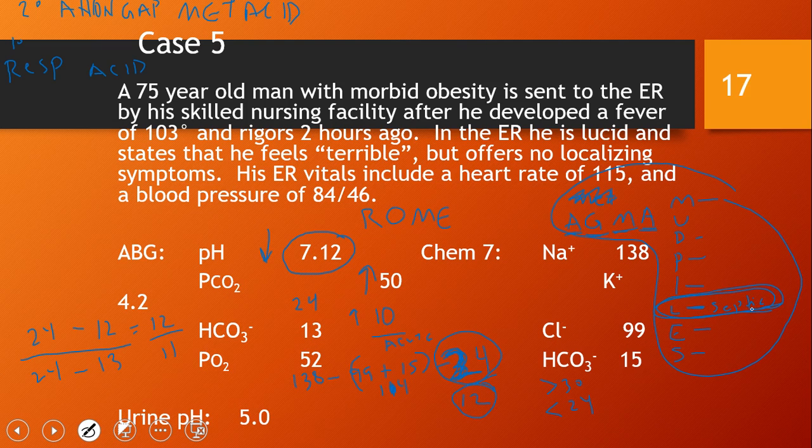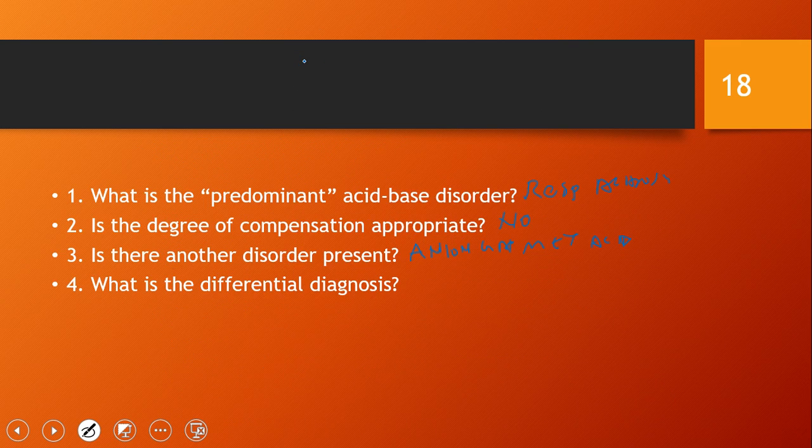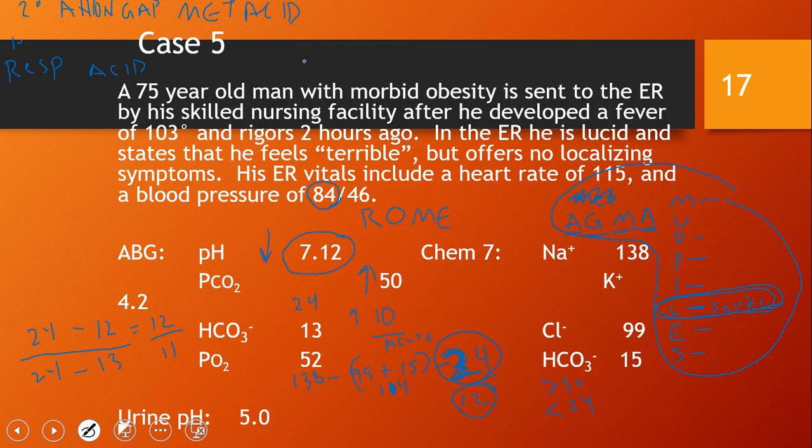Plus, his blood pressure is super low. So I don't know what else he could have, but he has at least that one. Let's see what it says here. Respiratory acidosis. Okay. So they say probably chronic. And let's see if that matches up. I was thinking maybe acute, but let's actually do it now.